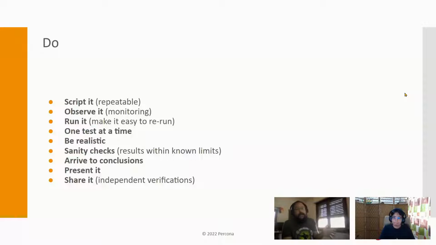Have clear goals of what you're testing, and avoid trying to have expectations. So my goal is to understand the different performance of memory allocators, but I will have blank expectations about that. I will not set myself to say, oh, I believe jemalloc should be better, or tcmalloc is going to cause more fragmentation.